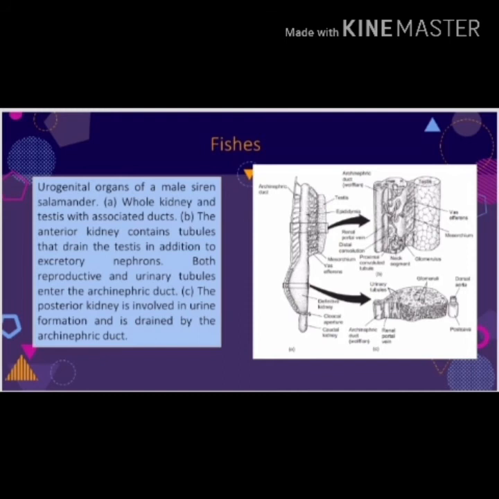Both reproductive and urinary tubules enter the archinephric ducts. C. The posterior kidney is involved in urine formation and is drained by the extrinsic duct.